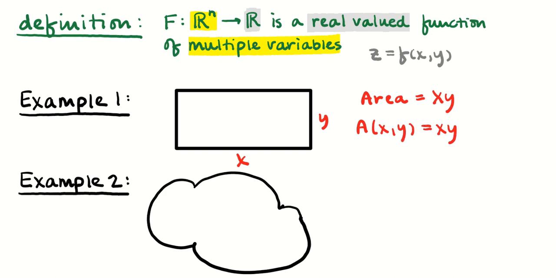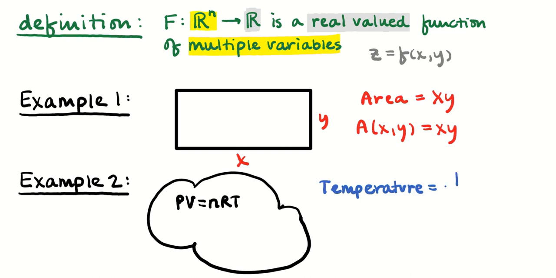Another example of a function of two variables that you've seen before is the temperature of an ideal gas. I know a lot of y'all have a lot of experience in chemistry, probably more than I have, but you know that PV equals nRT for an ideal gas. Now I'm going to assume that the amount of gas is held constant. I could say that the temperature is equal to PV divided by nR.